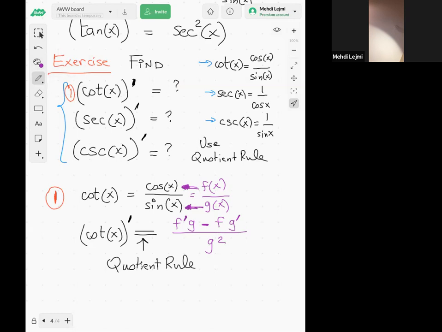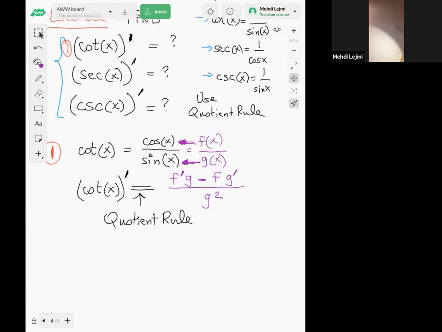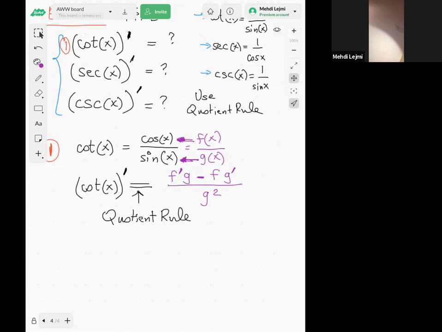Okay. So now I'm going to use my quotient rule, which is f prime times g minus f g prime over g squared. So let's see. This derivative, cotangent of x prime. First I have f prime. So what's f prime? F is cosine.